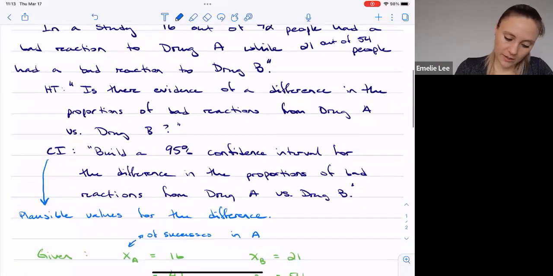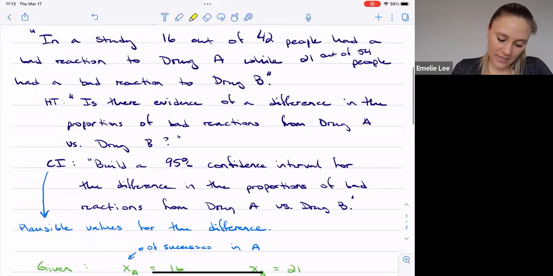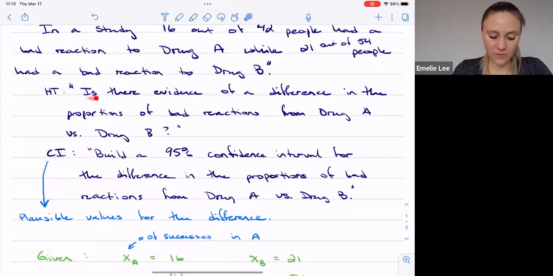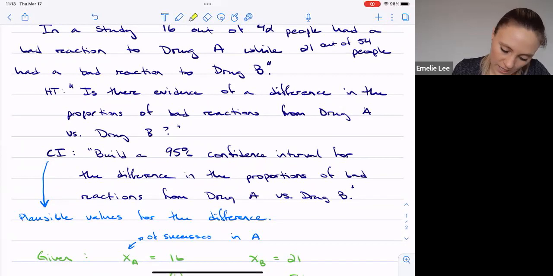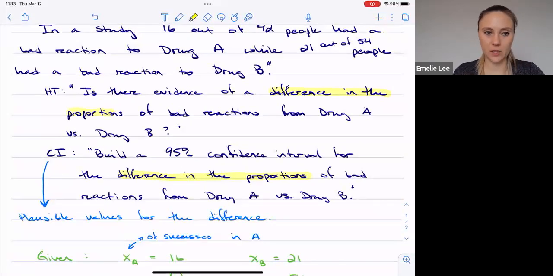So notice here that in both of the cases, for the hypothesis testing, is there evidence of a difference in the proportions? And then build a confidence interval for the difference in the proportions, right? So how can I talk about the difference in the proportions? Notice how both of these are talking about the same parameter.